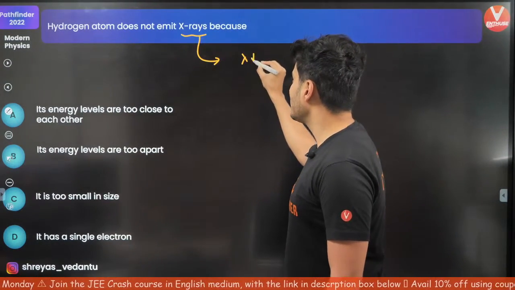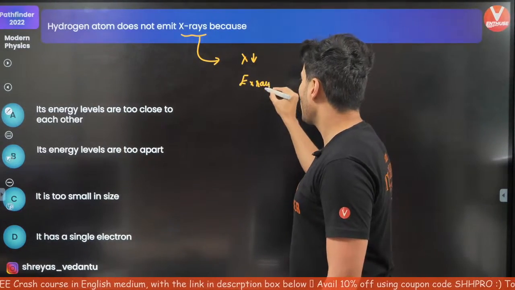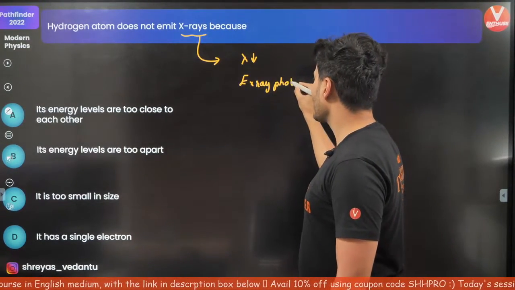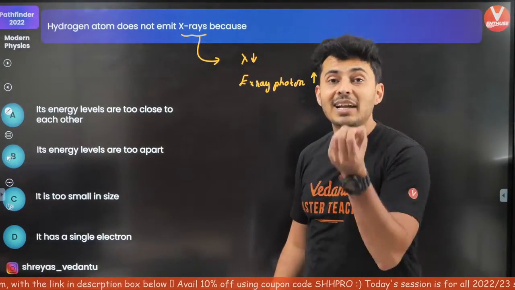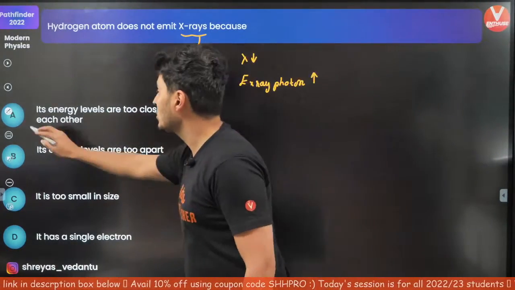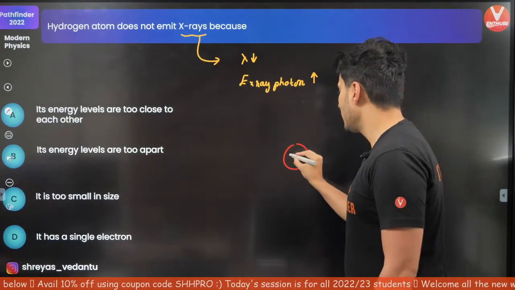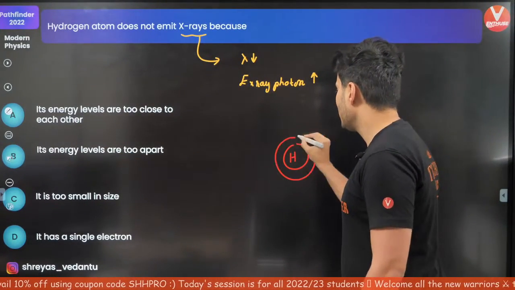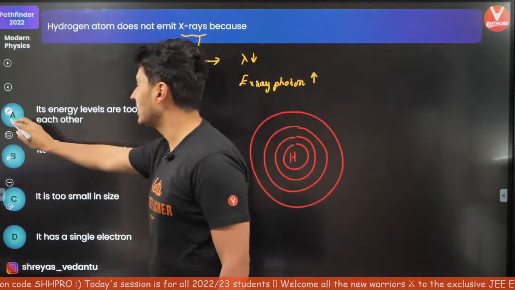So if the wavelength is small, then the energy of the X-ray photon is very high. Now, how do you get photons? I have told this to you in the previous chapter. If you have the nucleus, let's say this is a hydrogen nucleus, these are the orbits of the electrons.